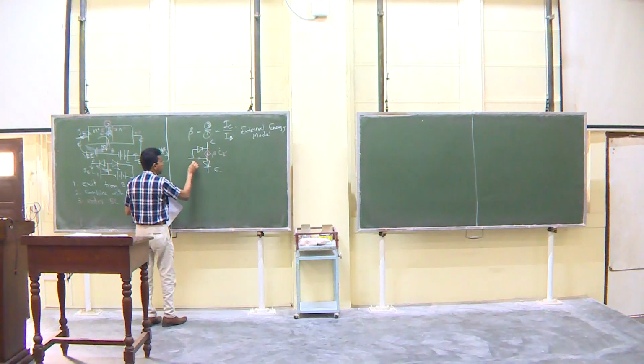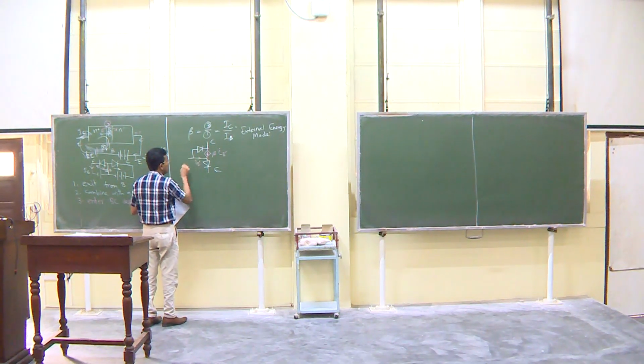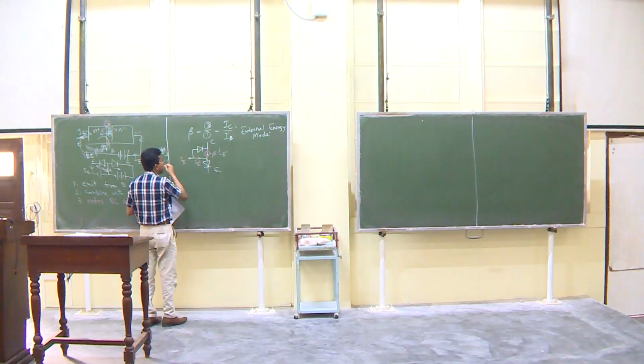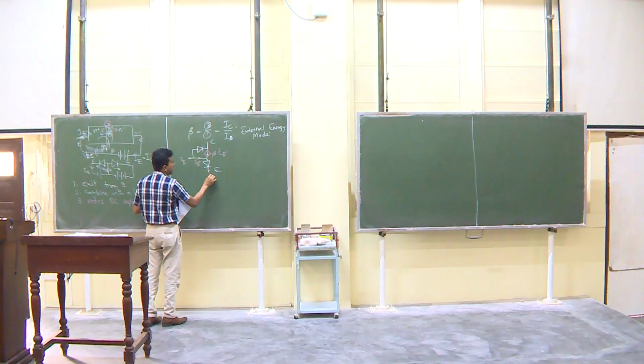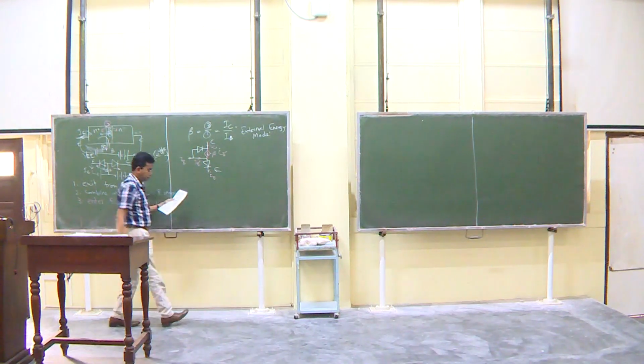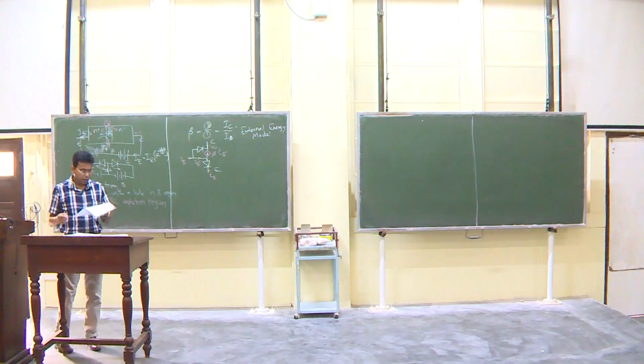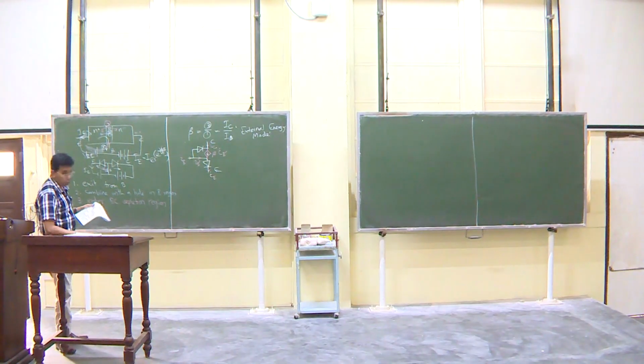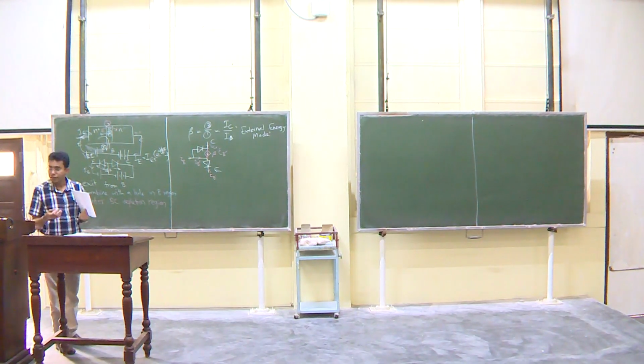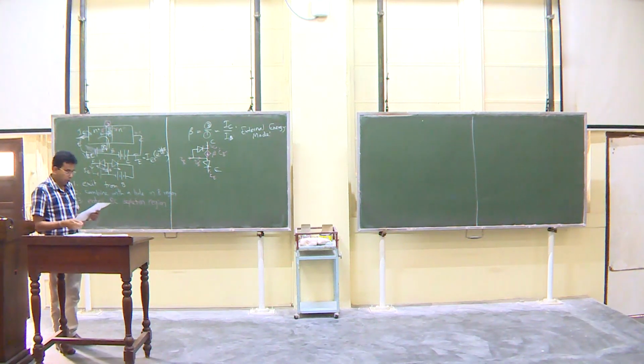This is IB dash, this is IB, and this is IE, this is IC. So, this is how we modified it to capture this external energy model, right.